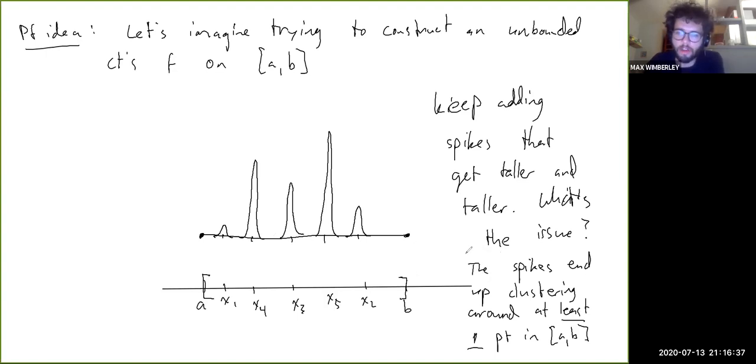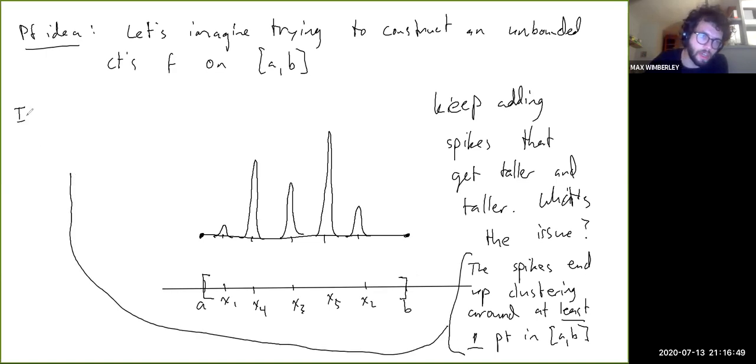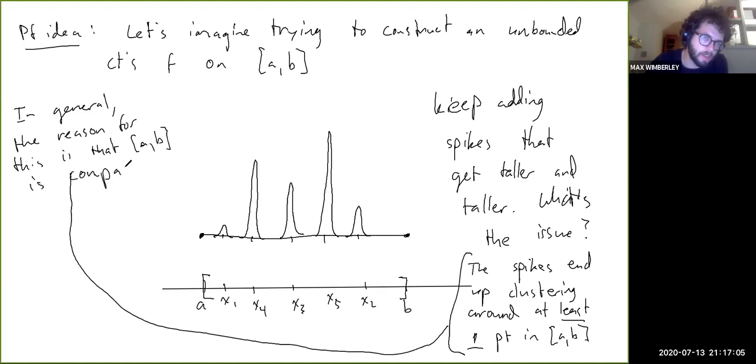So how can we formalize this idea that the spikes cluster around at least one point here? And what I do want to say also is that in general, the reason for this is that AB is compact. So you can actually state this exact theorem.